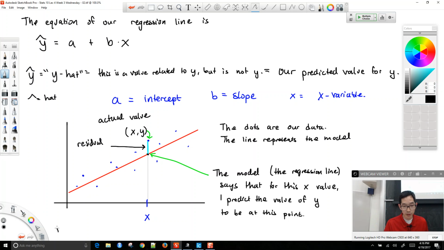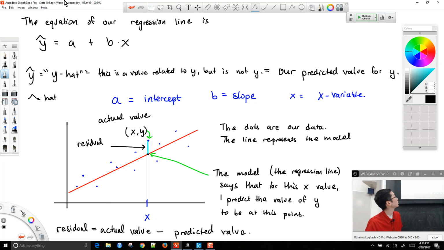Okay, so the residual is equal to the actual value minus the predicted value. Okay. Is that okay?